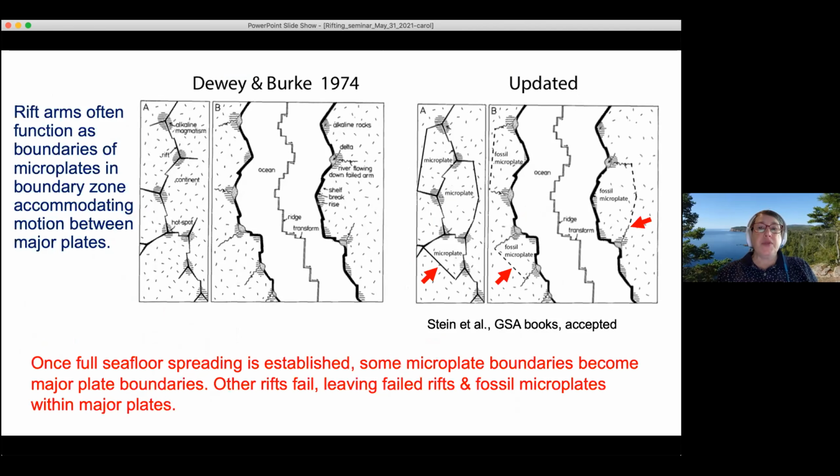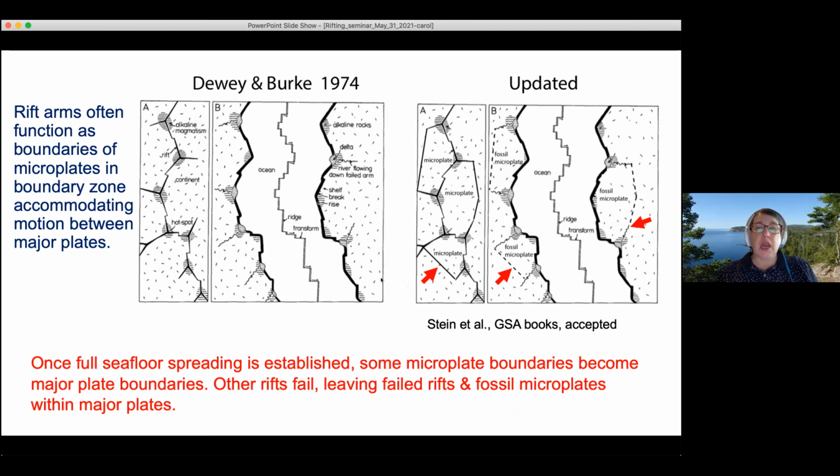This is kind of similar to what we've seen from some recent work we've been doing with the Burke and Dewey papers about three-arm junctions and how continental rifting starts, where in their model you connect up the high areas with the three-arm junctions. Two of the arms become the new plate spreading boundary, and the third a failed rift or an aulacogen.